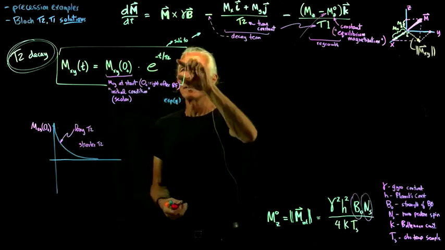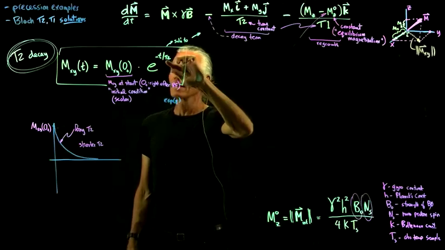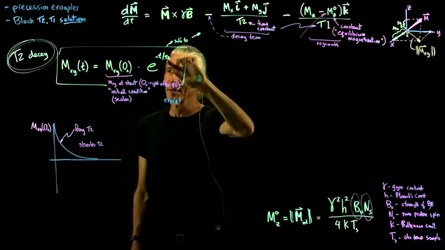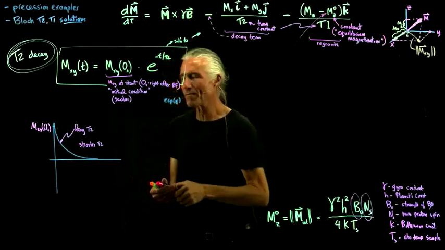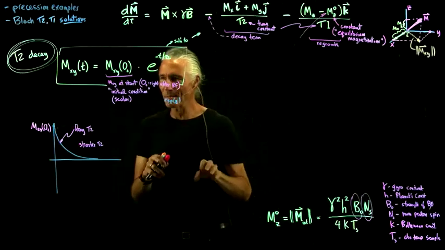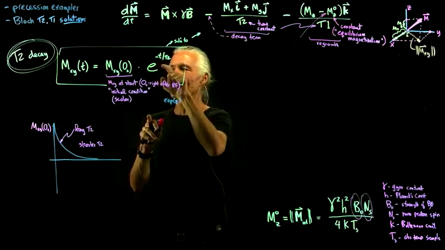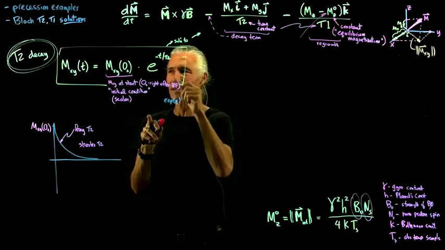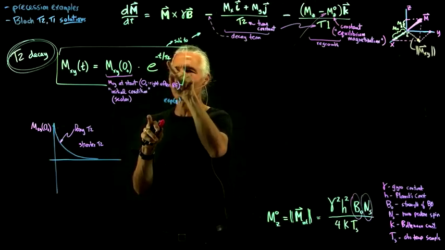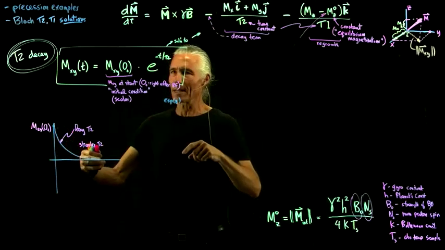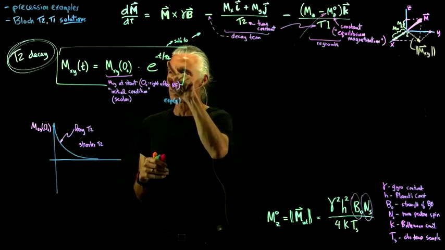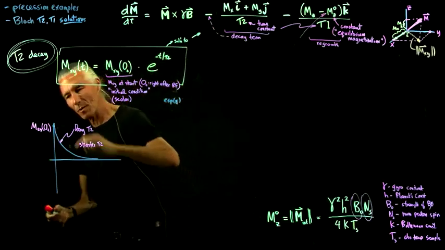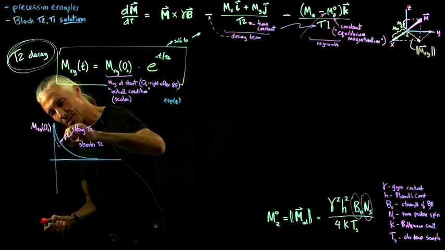A shorter T2 would be a smaller number here in the denominator, and that has the effect of causing a more rapid falloff. Again, just go into MATLAB, put t over n, and fiddle with n and see what that does to the equation. It's very simple algebra, but if you put a bigger number in for T2, it will fall off less rapidly. If you put a smaller number in for T2, it's going to fall off more rapidly. So this is what the curve would look like.